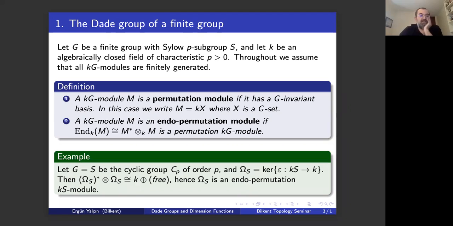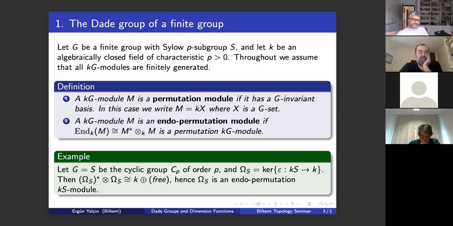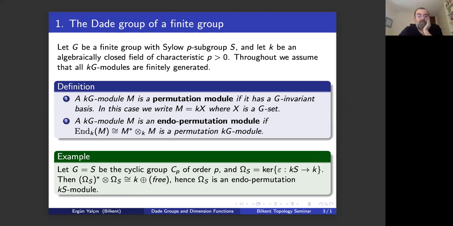So here's the example. If you take C_p, the cyclic group of order p, and look at the kernel of the augmentation map from the group ring of C_p to K, this is a p-1 dimensional submodule. The common notation is Ω(K), because it's the Heller shift, the first positive shift of K. This module, tensored with its dual, gives you K plus free.